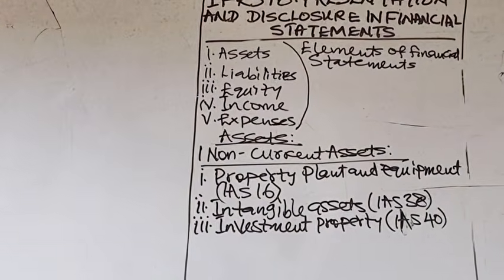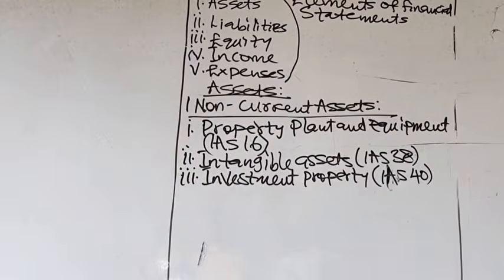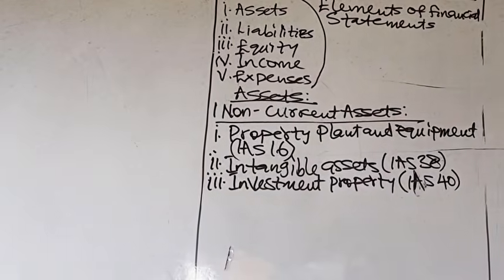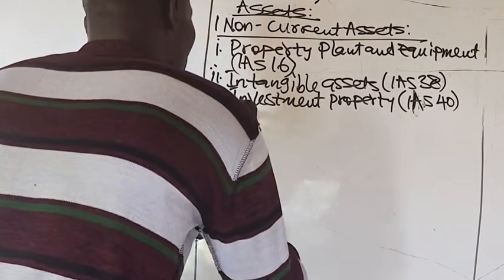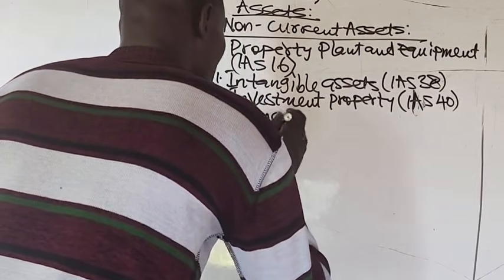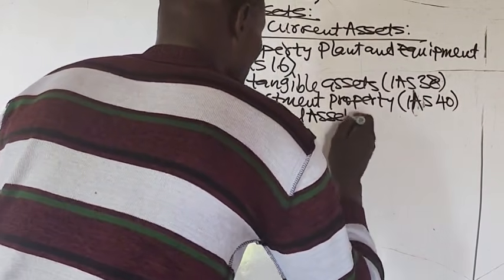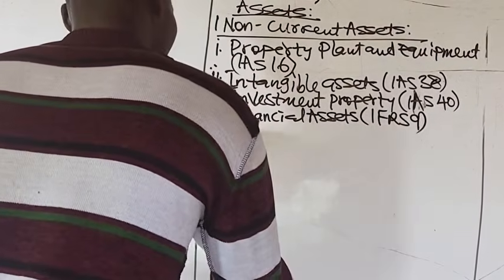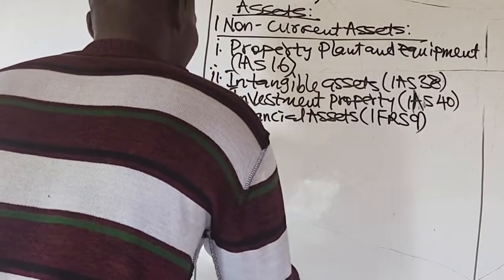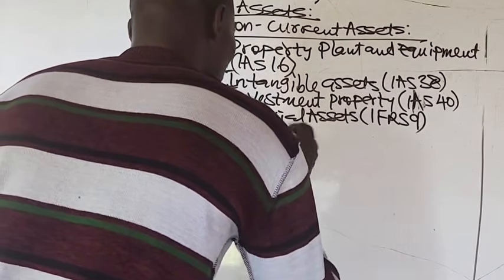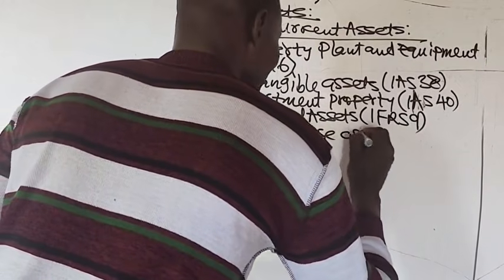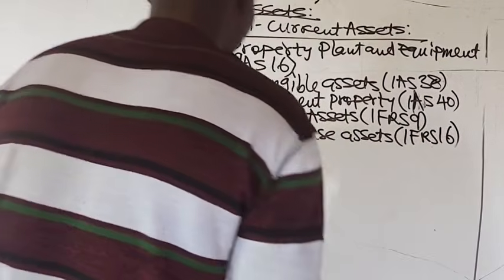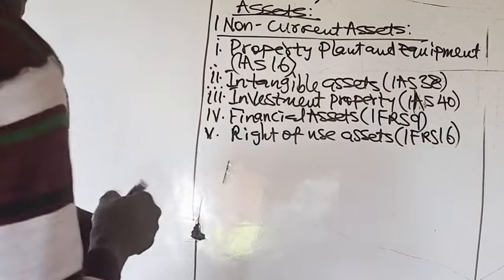Then we also have, number four, financial assets in accordance with IFRS 9. Then we also have right-of-use assets in accordance with IFRS 16.